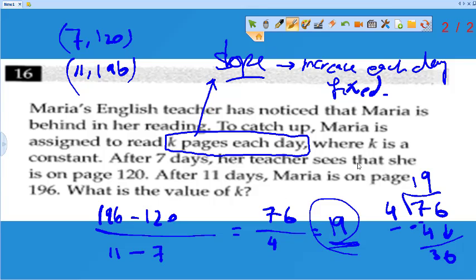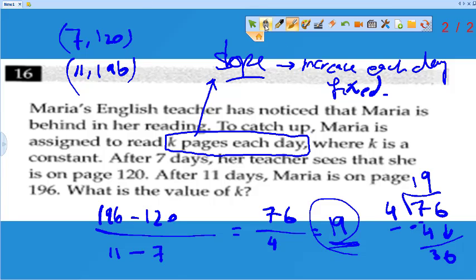This one is so useful to understand the meaning of slope, the meaning of linear in a real life situation, meaning how you understand linear progression in a day.